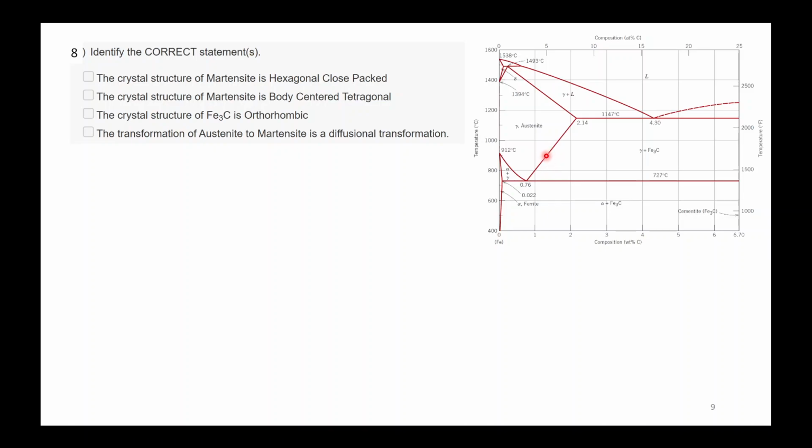At this temperature you won't get transformation; you have to provide certain undercooling. When you cool down to this line, only then will there be formation of some nucleus. That undercooling, your delta T, is the equilibrium temperature minus the temperature that you are taking.